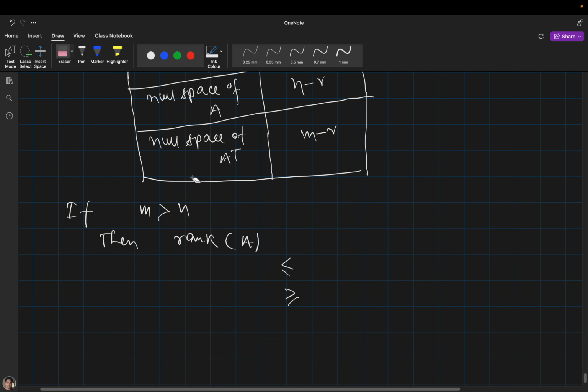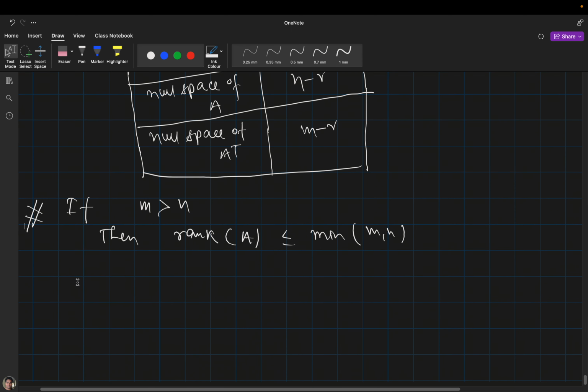It should be less than or equal to N. Or you can also say that it is less than or equal to the minimum of M comma N. Whatever the minimum is, the rank will be either exactly that or less than that. So that is another important thing.